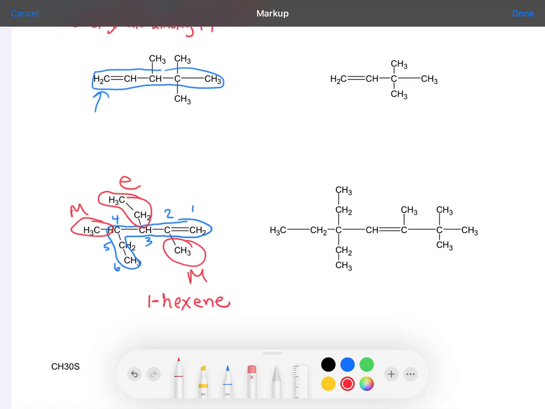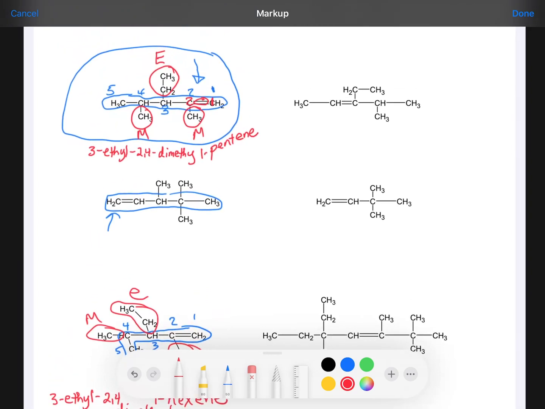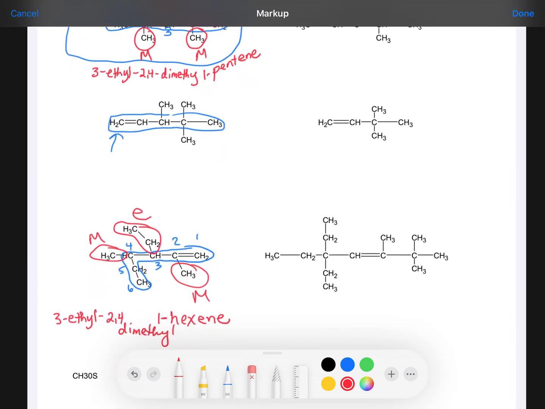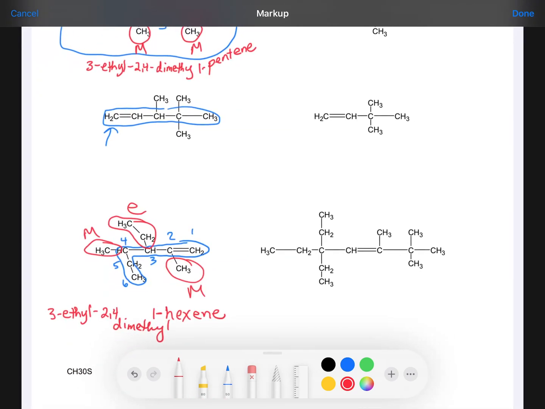I have 1 ethyl group and 2 methyl groups. So I have 3-ethyl. Again, I use ethyl first because it's alphabetical. And then 2,4-dimethyl, 1-hexene. Oh, that's interesting. That was the same numeric combination as the one that we had up there before.